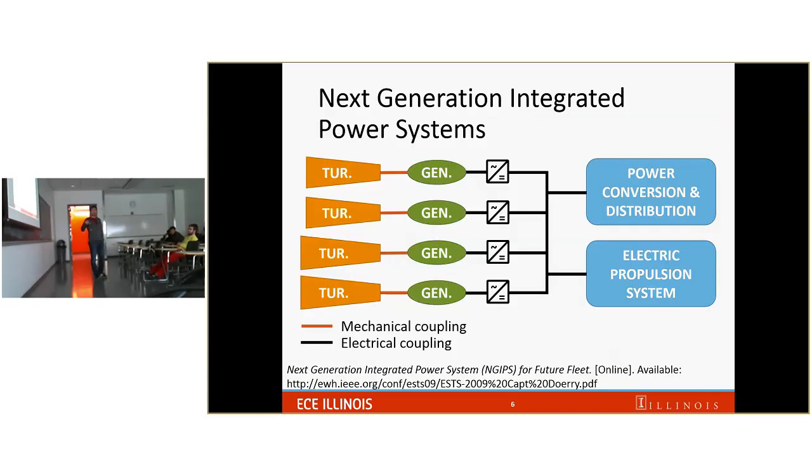So if we look into what technology will enable those systems to operate at variable speed, look at the power architecture people have proposed for the ship. We have all the turbines here that rotate the generators, and the generators operate at variable speed.